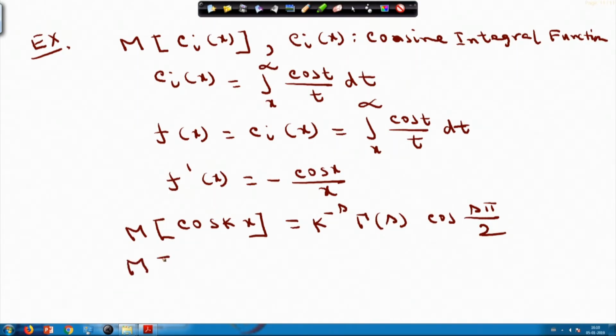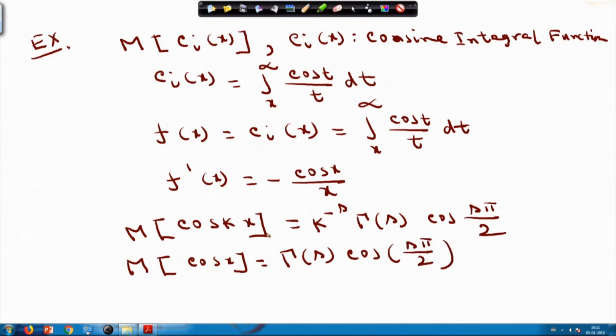Please note that my f dash x equals minus cos x by x. First, I am finding the Mellin transform of cos x from the Mellin transform of cos kx, which we did earlier. This equals gamma s into cos (s pi by 2).